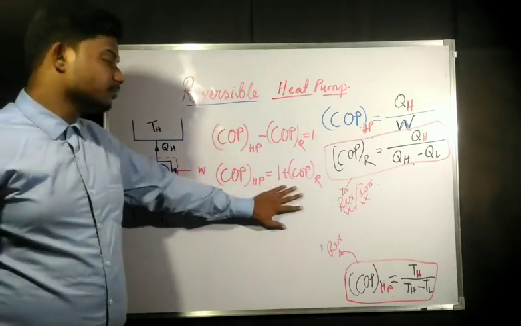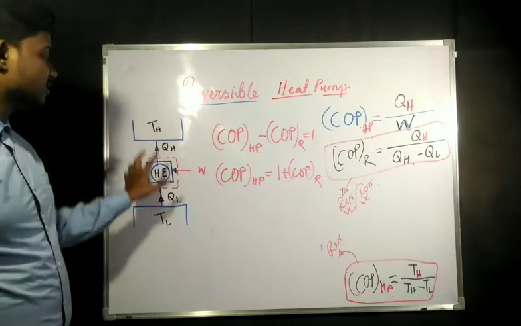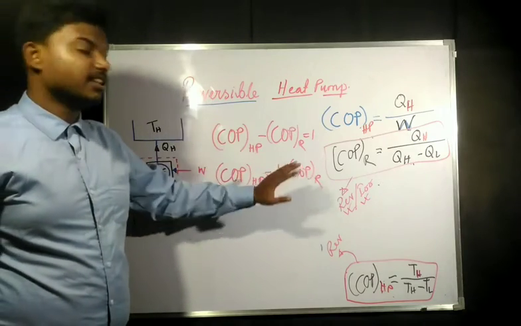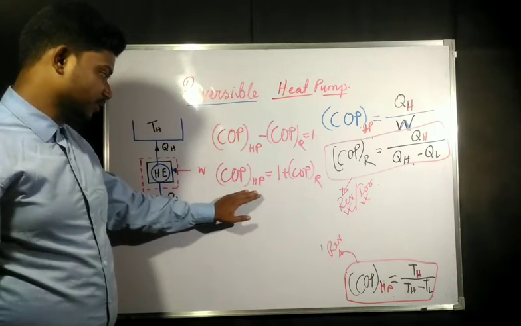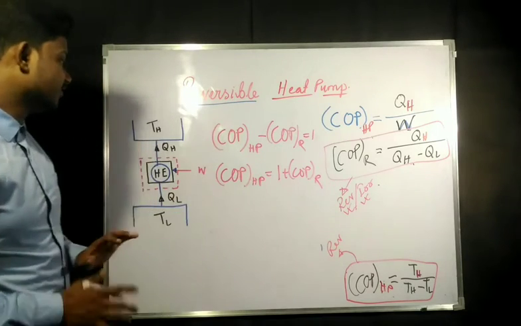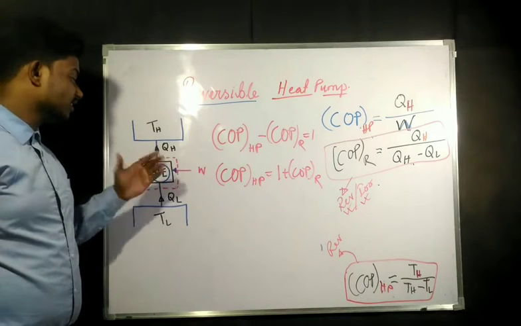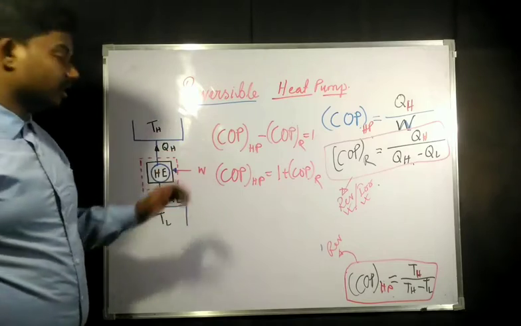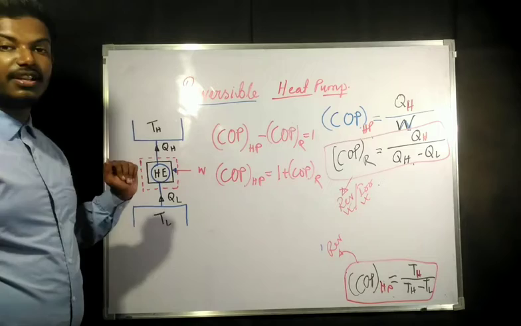This holds if the same temperature difference is given. If you need to convert a refrigerator into a heat pump, you can convert it like this and find the COP of HP. Suppose they have given a question like this, this is our refrigerator, and we need to convert it into a heat pump.